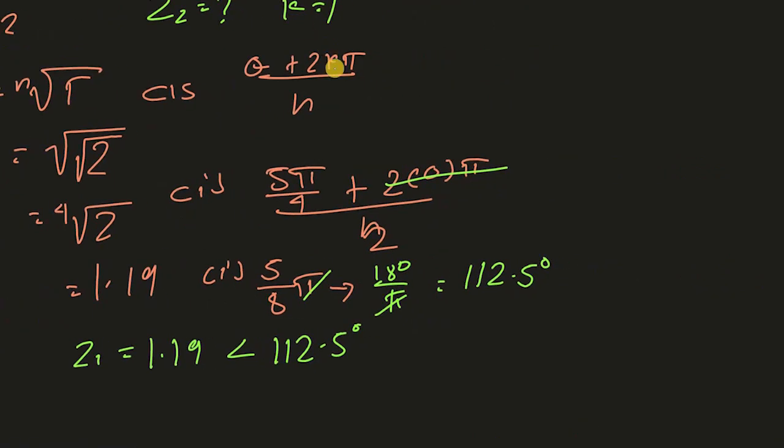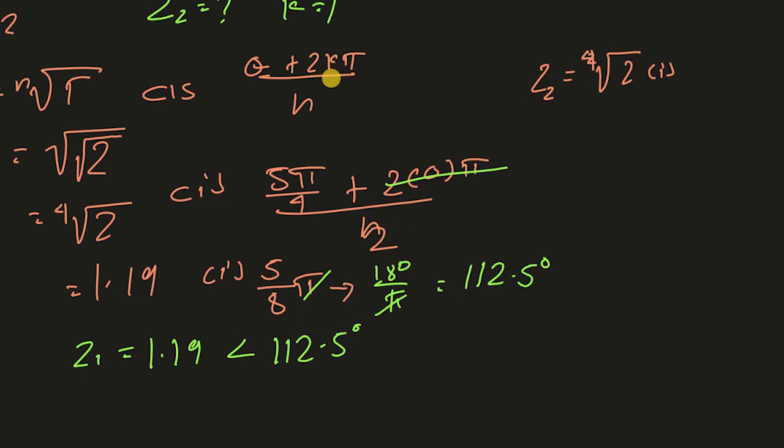Same lang siya dito guys, yung mapapalitan yung k natin would be equal to 1. So, I would just copy that, diba? Para mas madali. So, this is z sub 2. This is equals to 4 and 4, tapos CIS. Theta natin guys is 5 pi over 4.